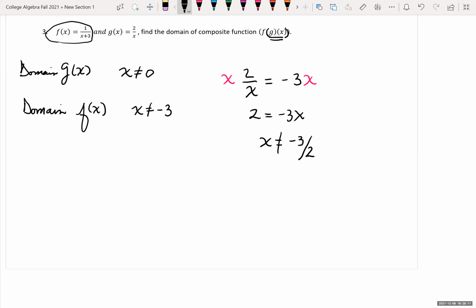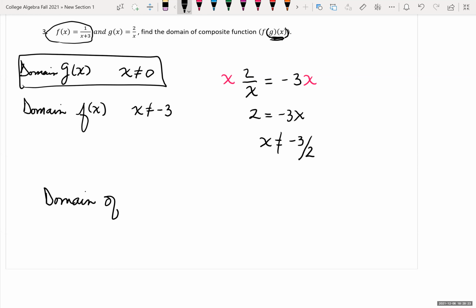And so we need to look at the domain of g of x. So those are the values we're plugging in, and the domain of the composition. And so the domain of the composition are all real numbers.